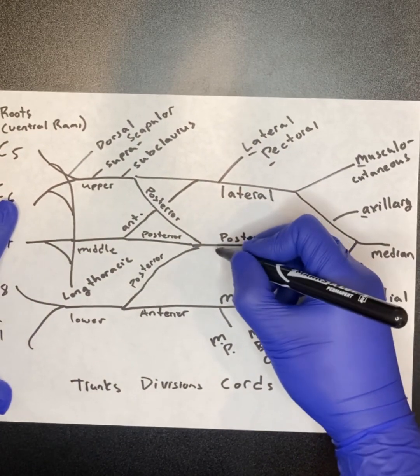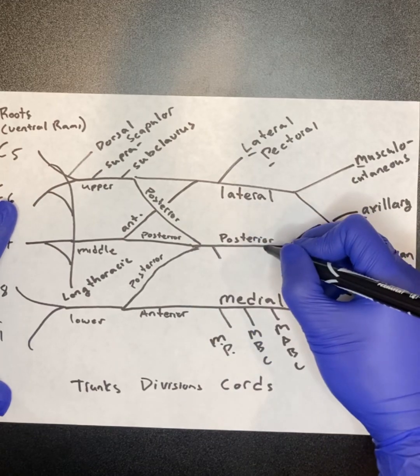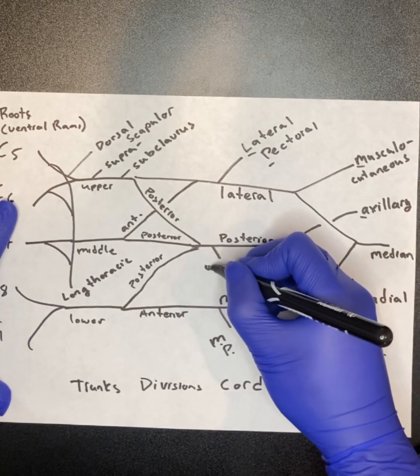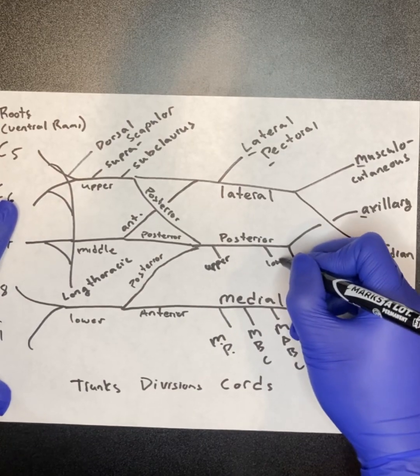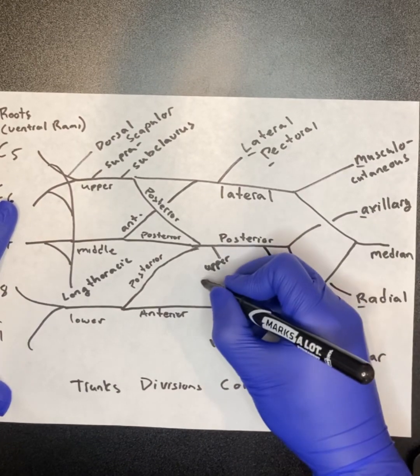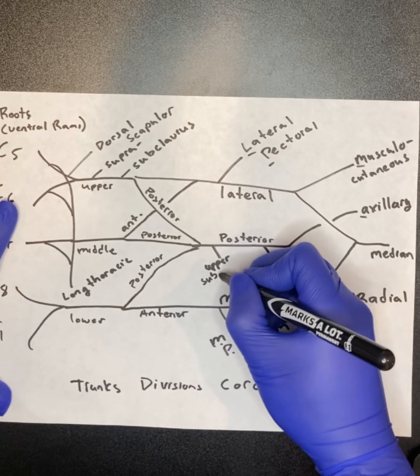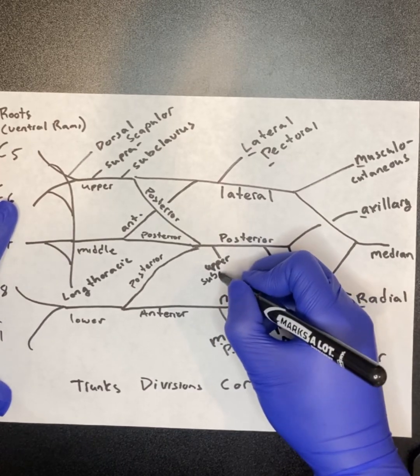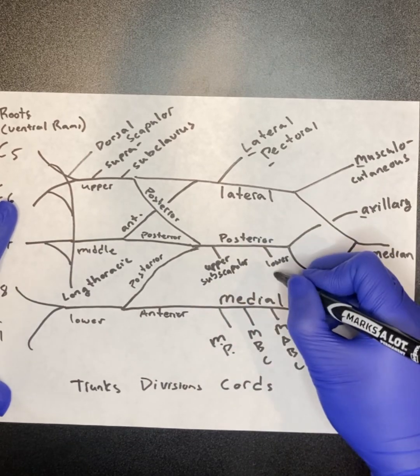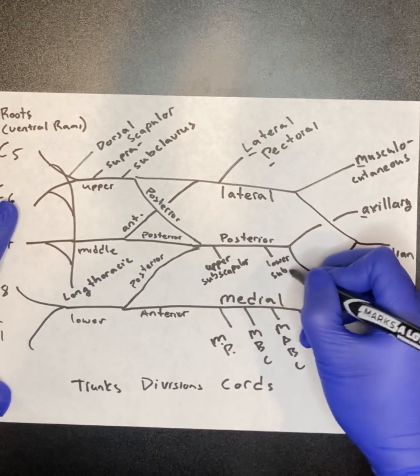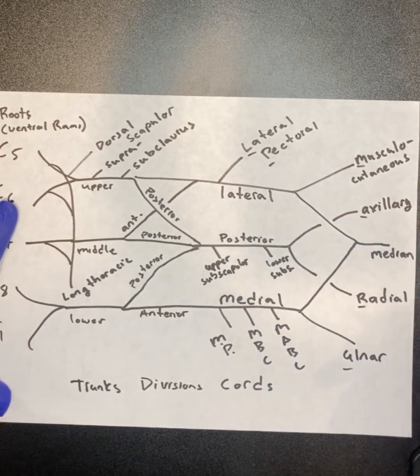From the posterior cord, you'll have here and here. This will be the upper, and this will be the lower subscapular nerve. So I'll just put subscapular, and here I'll just put subscap, just to make it easy and not too messy.